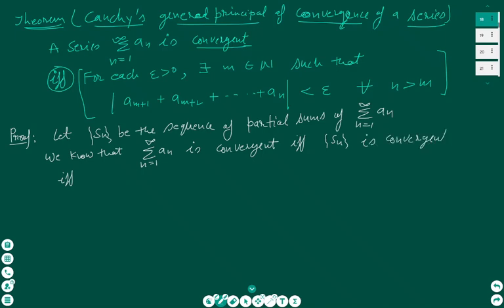This is by definition of convergence of a series, that a series is convergent if and only if its sequence of partial sums is convergent.